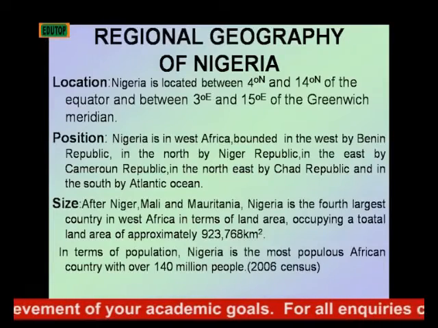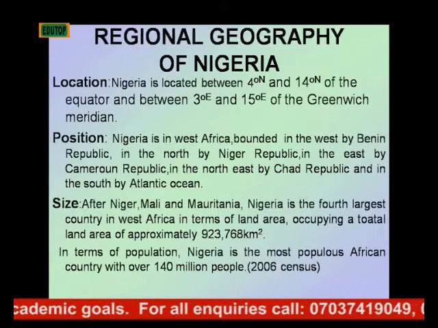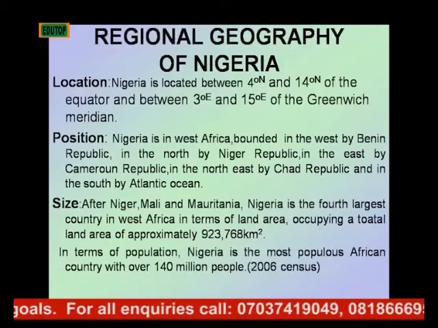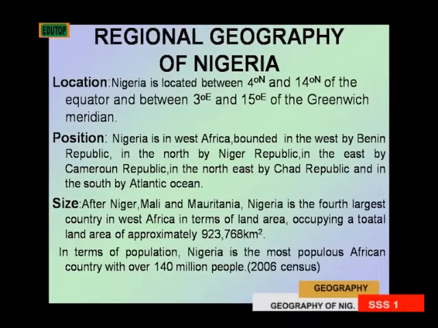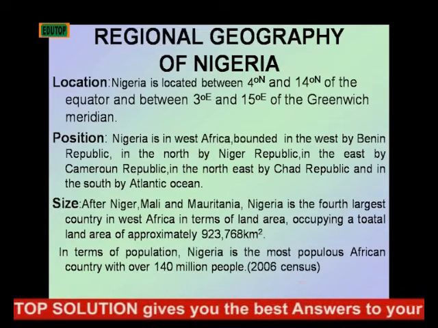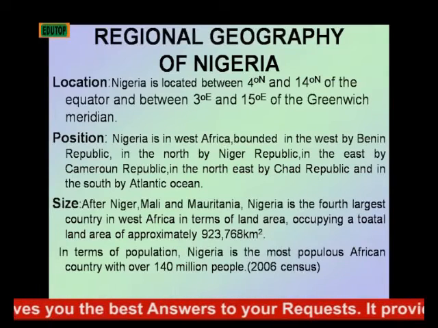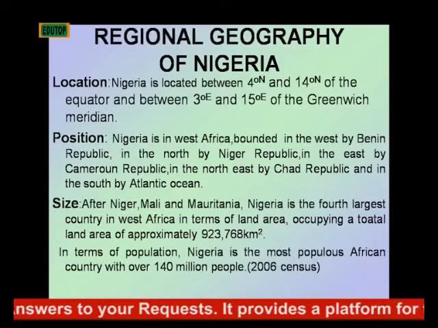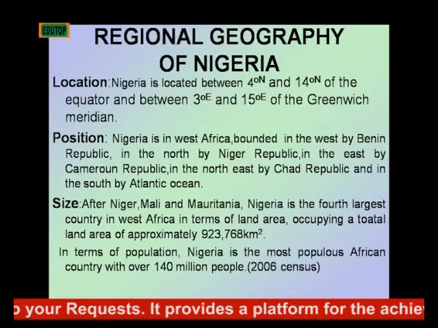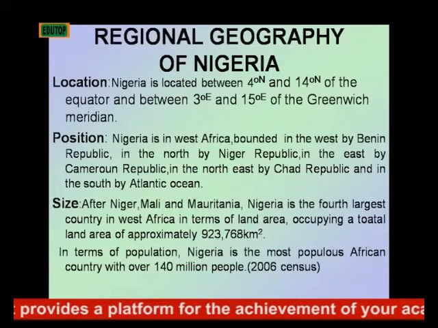After countries like Niger, Mali, Mauritania, Nigeria happens to be the 4th largest country in West Africa, occupying a total land area of about 923,768 kilometers square. The size of Nigeria we are talking about here is in terms of land mass.